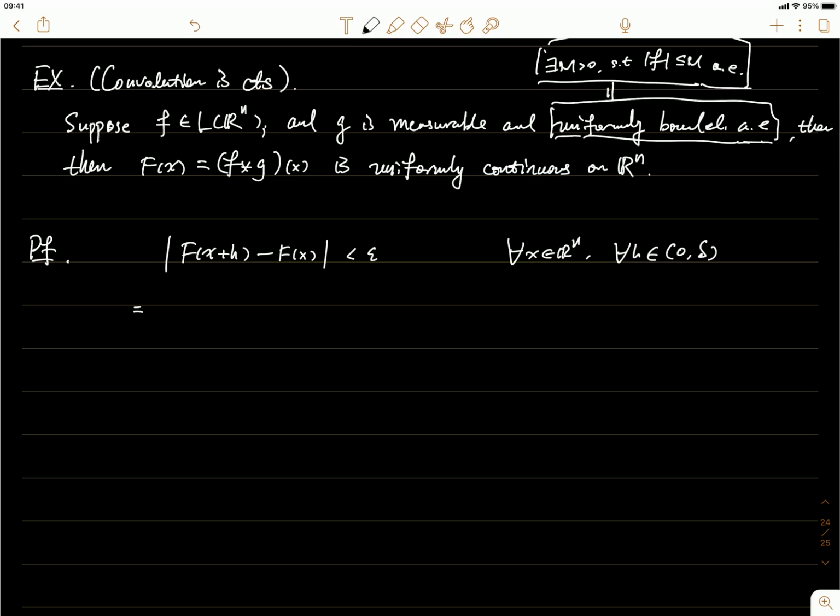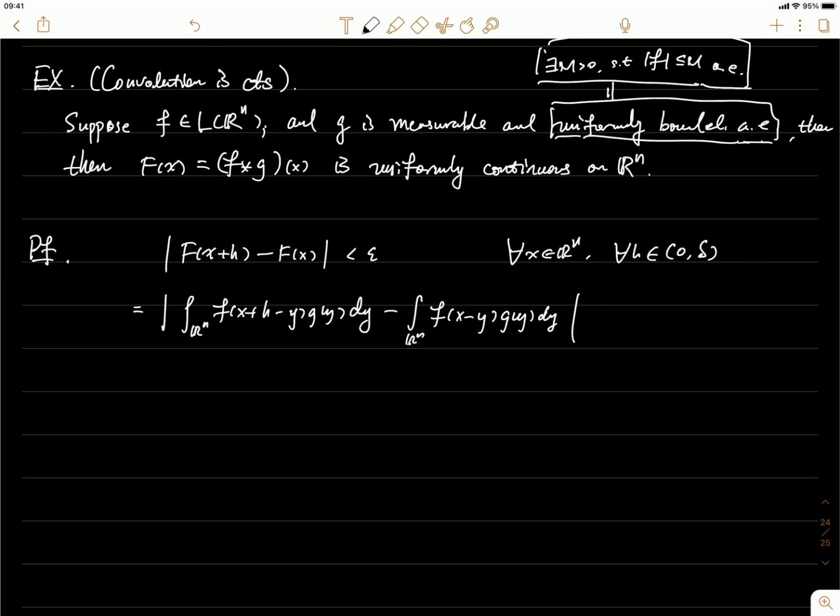According to the definition, the absolute value of the difference, according to the definition of convolution, is just this. It's just the integral of f(x+h-y)g(y)dy, and the second term is just the original convolution, which is this. Right?